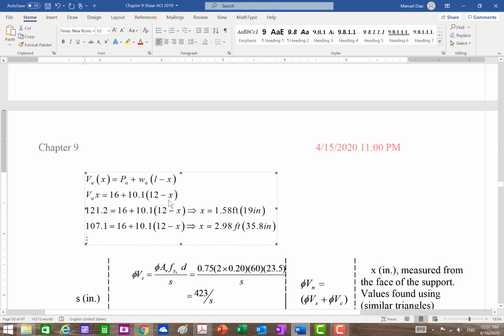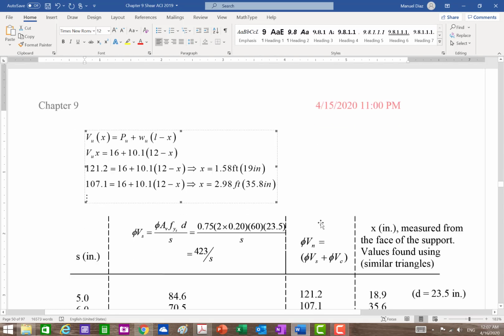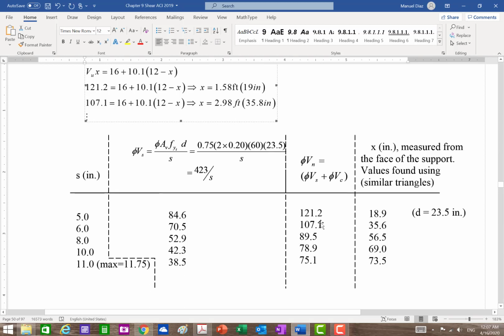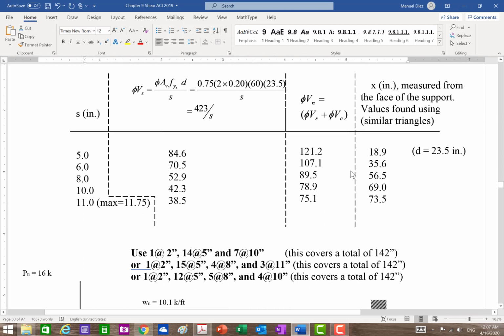And so those are the formulas. All right, so that means you calculate then where 121 happens. It happens at this distance. 107 happens at this distance. 89.5 happens at this distance, right? And so on. And so this tells you when you can switch.